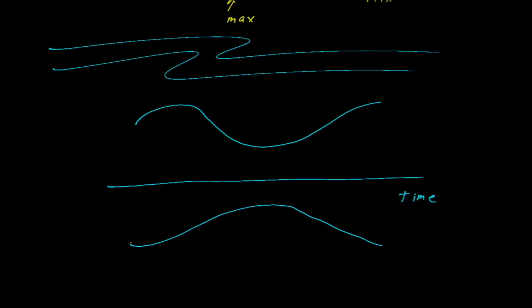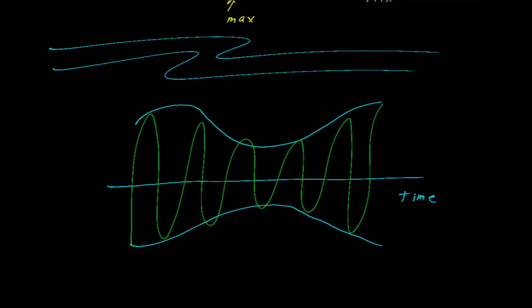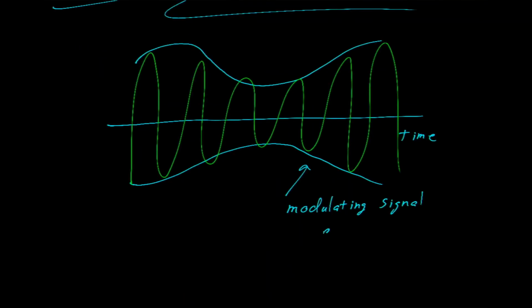And then you would see the high frequency carrier inside that envelope. So we call this the modulating signal envelope, where the envelope describes the limits or the maximum amplitude of the high frequency carrier.